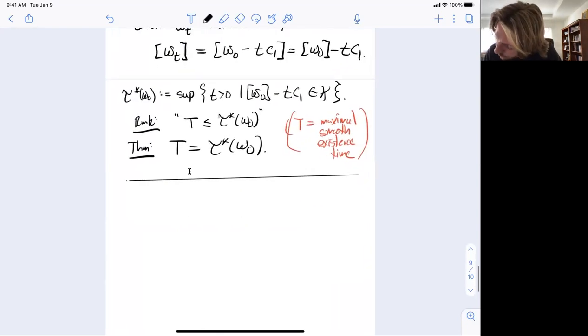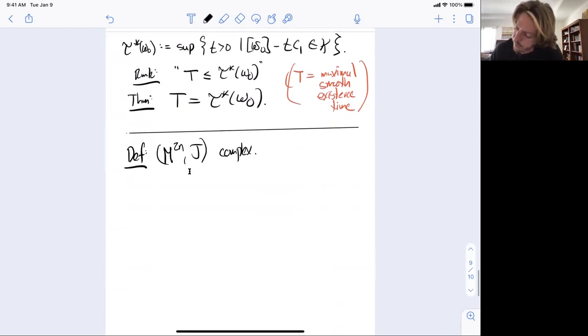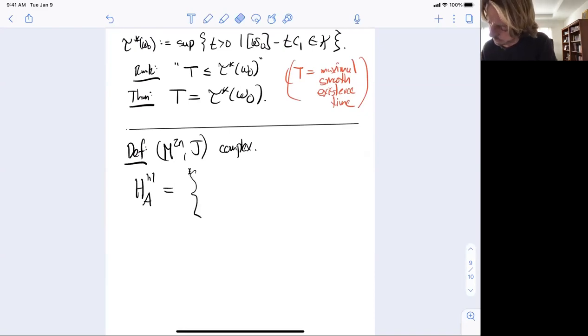So I have to recall some definitions. Let M^{2n} be some complex manifold. Then I'll define this special Aeppli cohomology space.